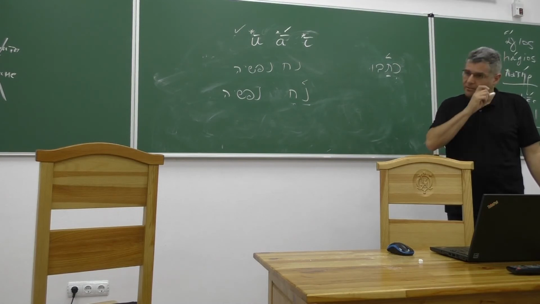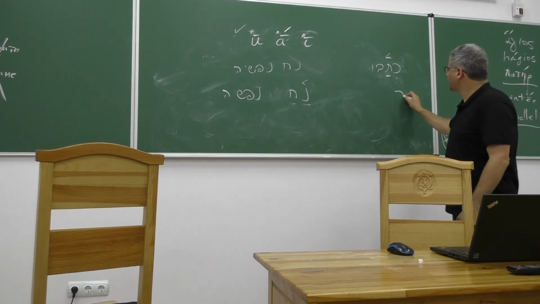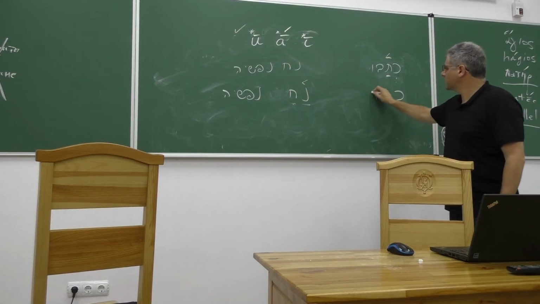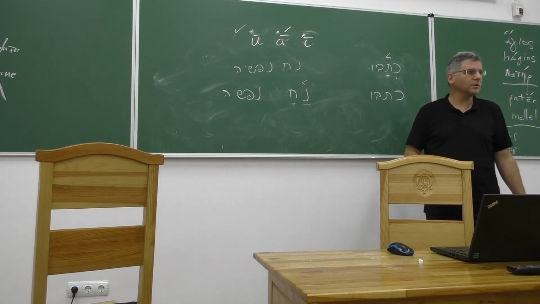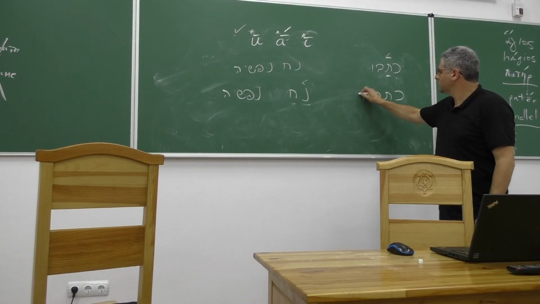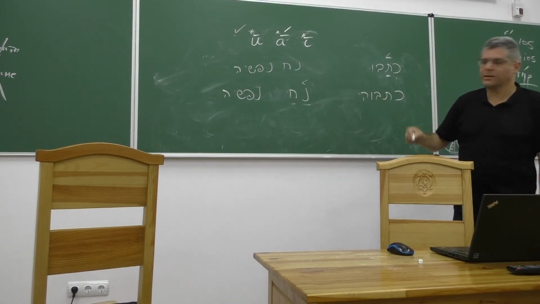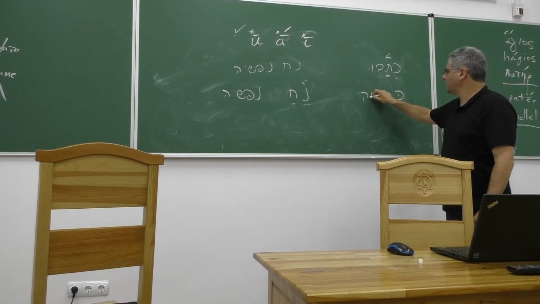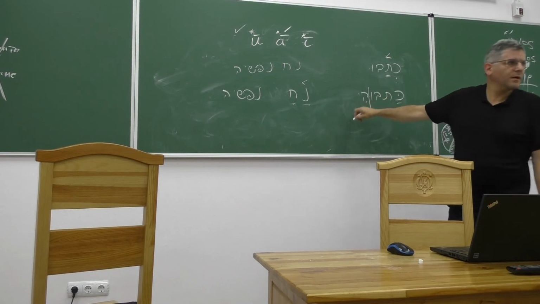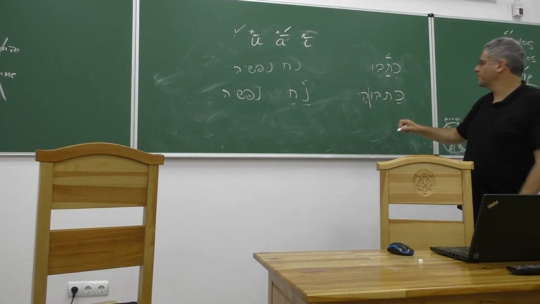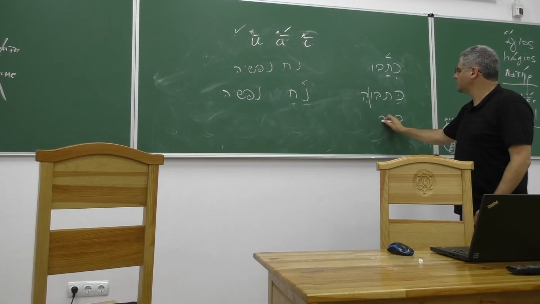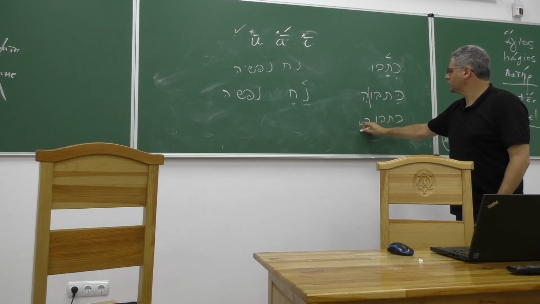How do you say they wrote him? Ktavu, he. This is the same in biblical Aramaic. Ktavu, he. How do you say they wrote her? In Targum, Ktavu, ha.